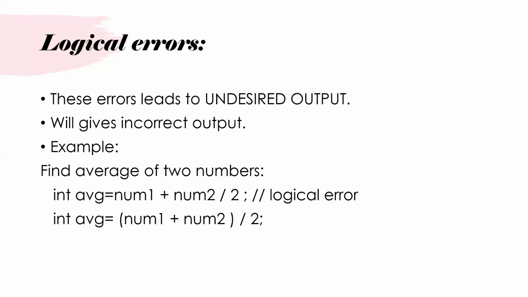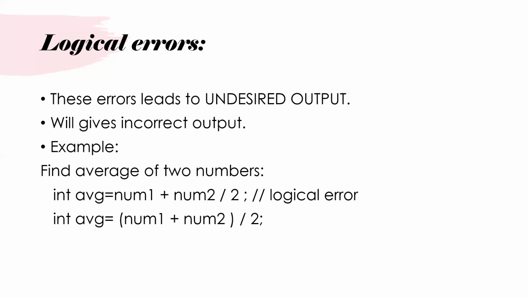Next are the logical errors. These errors occur if the programmer writes the wrong logic. It will give undesired or incorrect output. So writing algorithms will help a programmer to clear these types of errors.